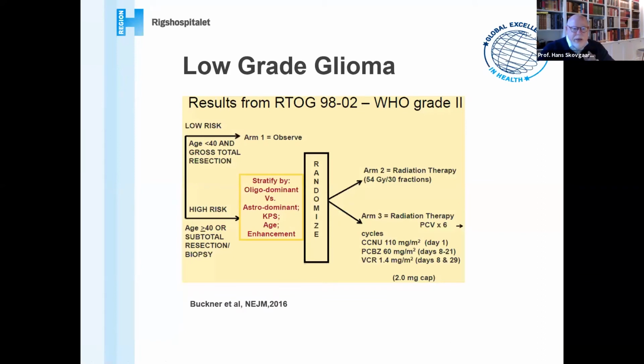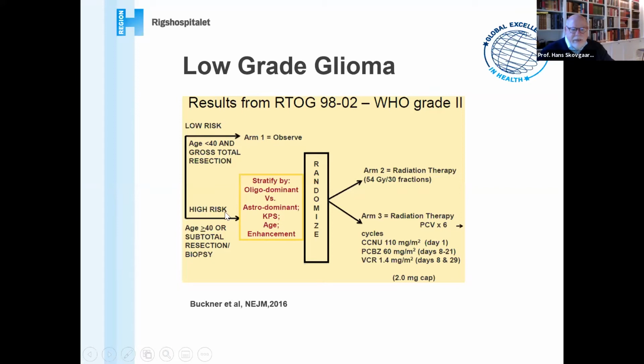I'll just go through a number of trials which will be the basis of what we are actually doing to patients today. And let's start with the low-grade glioma. This is a study from the New England Journal of Medicine in 2016. They took 2 groups, a low-risk group, less than 40 years, close to total resection, observation.